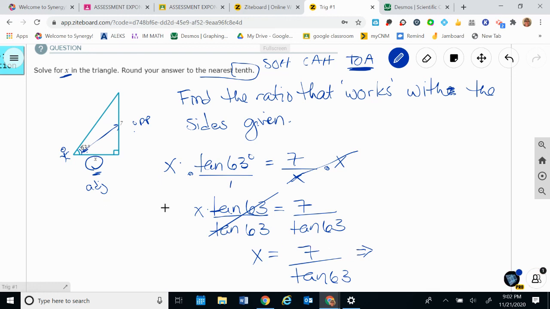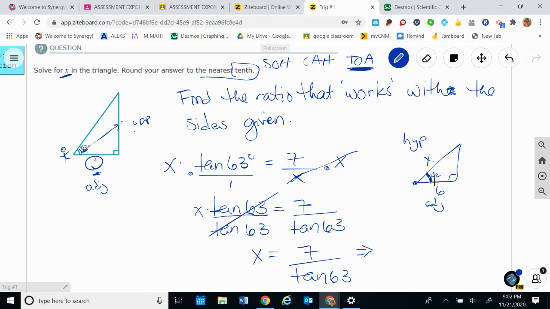So the idea is that you pick the side. In other words, had I given you a triangle like this, and I said, find y, and this is 42, and it's a right triangle, and I gave you 6 here. You have to stand at the angle, the one that you're looking at, and identify the sides. I have adjacent and I'm looking for hypotenuse, right?